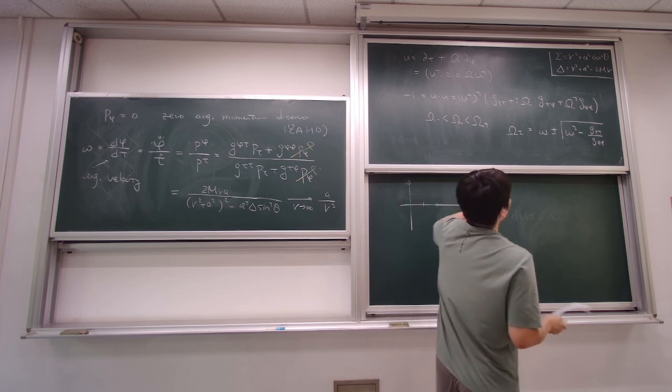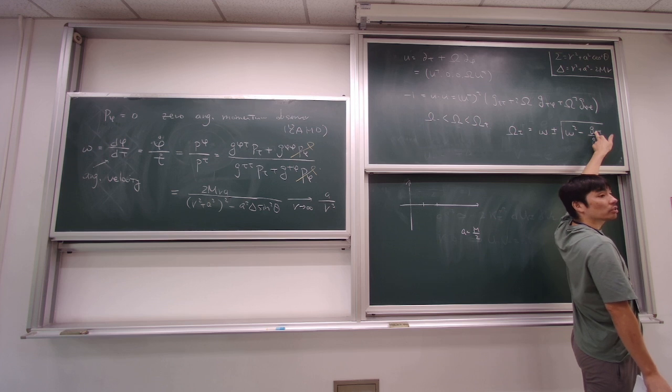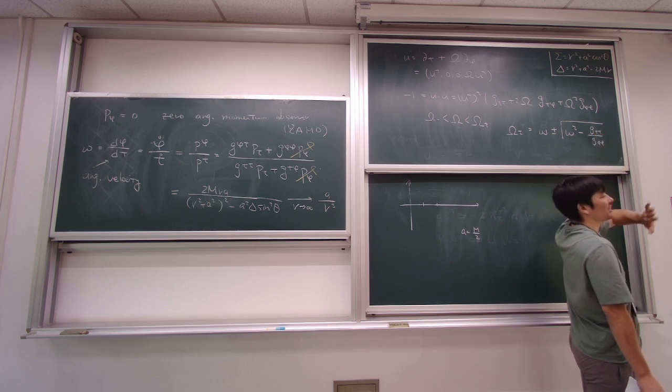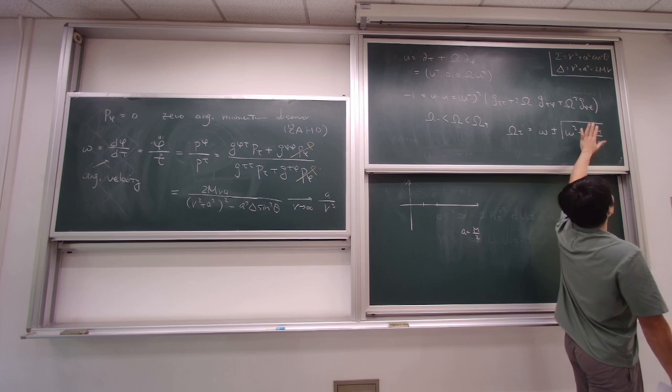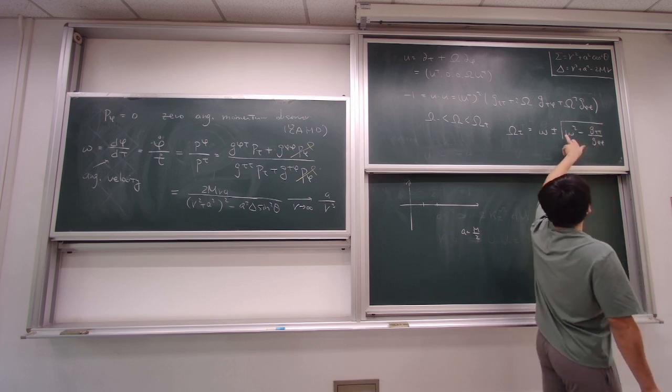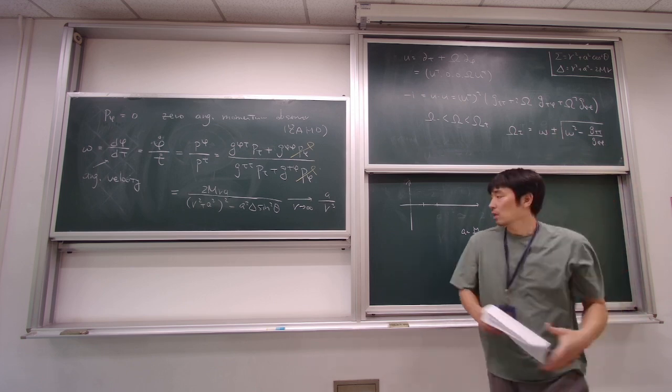As you can easily see, at our surface g_tt is equal to 0. Surface of our sphere, g_tt equals 0. So therefore this is 0. If you take a square root, omega minus always becomes 0.